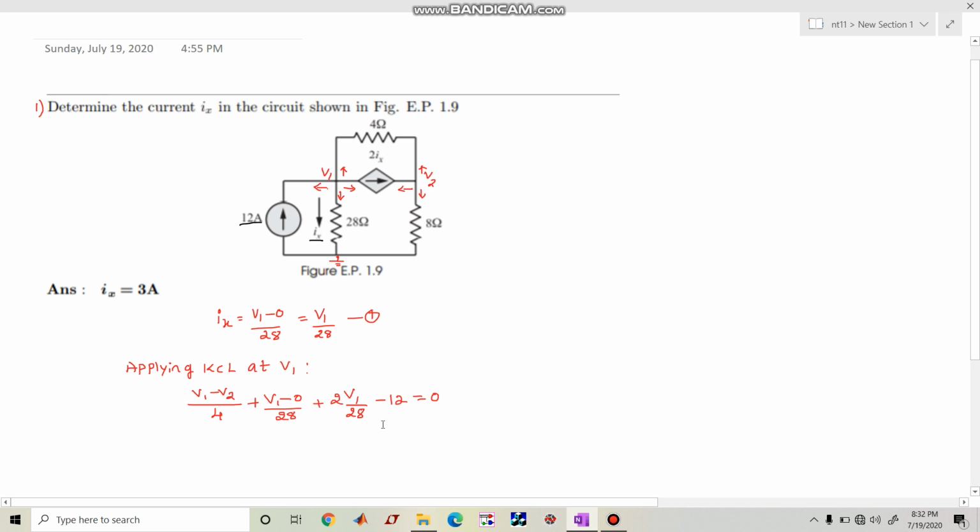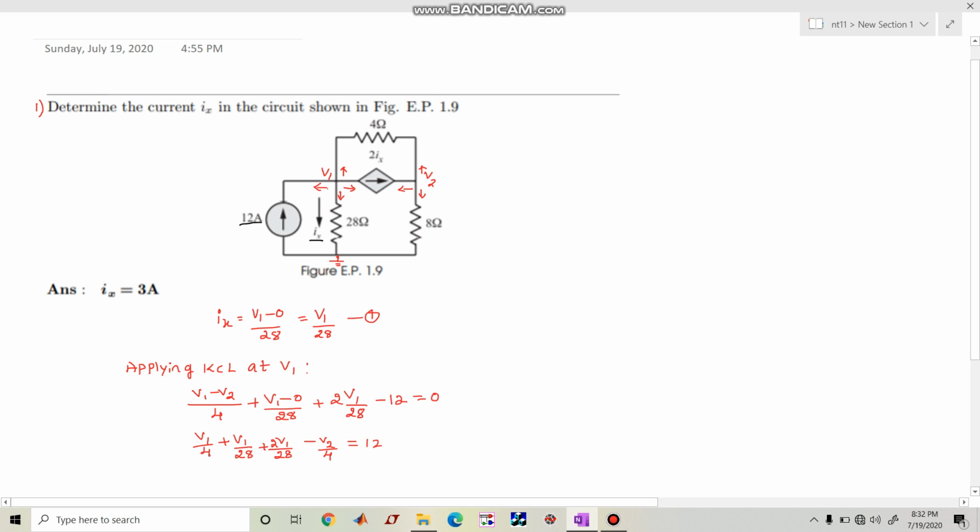Simplifying this equation, what we can write is V1 by 4 plus V1 by 28 plus 2V1 by 28, and for V2, minus V2 by 4 is equal to 12.